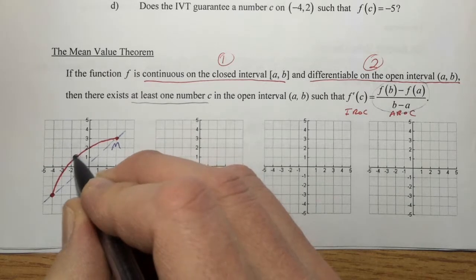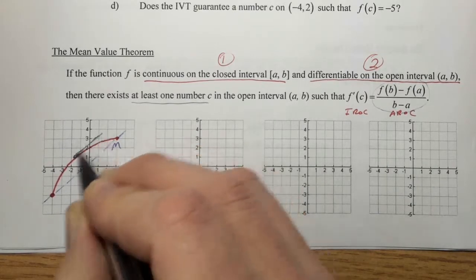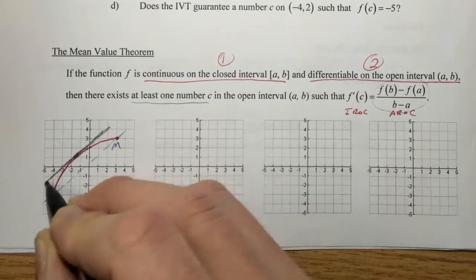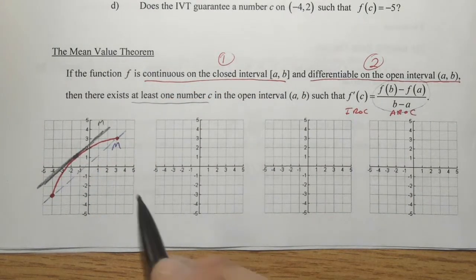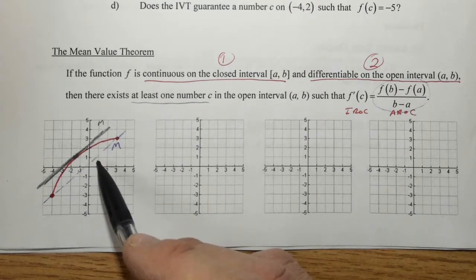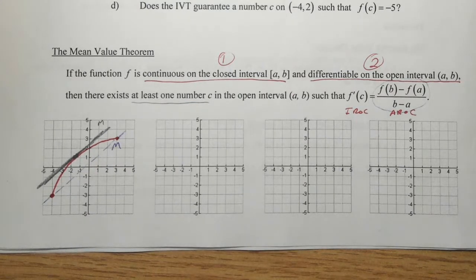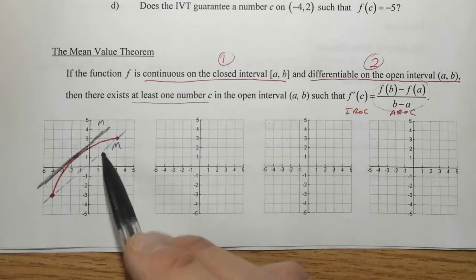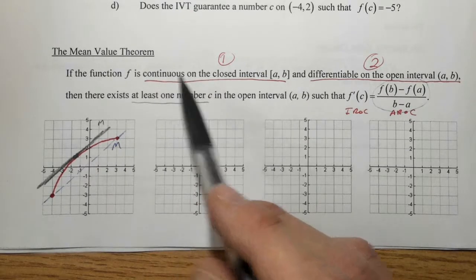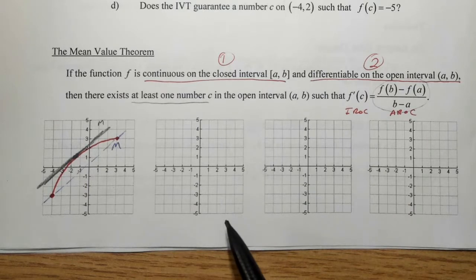And sure enough, somewhere right around there, okay, if we draw this tangent line, we can see the tangent line is the parallel line to the secant line. In other words, two lines are parallel, the slopes are the same. Okay, and this has to happen. This line has to exist because the function is both continuous and differentiable.